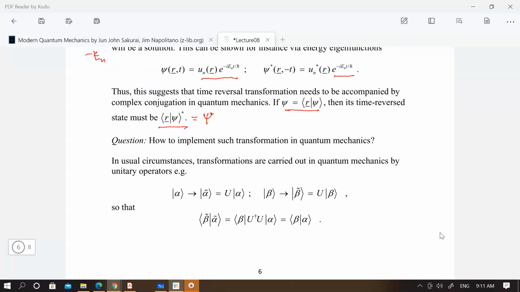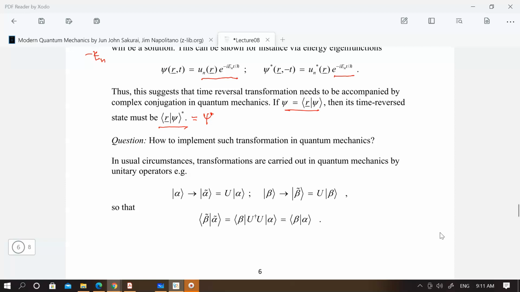So let us recall what kind of transformations we have in quantum mechanics. In the past, we have already mentioned that unitary operators allow you to change basis of your Hilbert space. So for example, if I multiply a unitary operator to this particular state alpha, I will get another equivalent state, alpha tilde, and the same thing for beta, I get beta tilde.